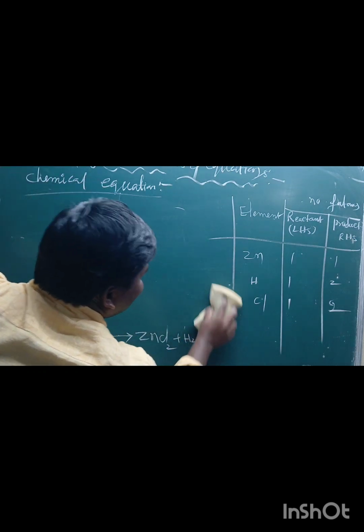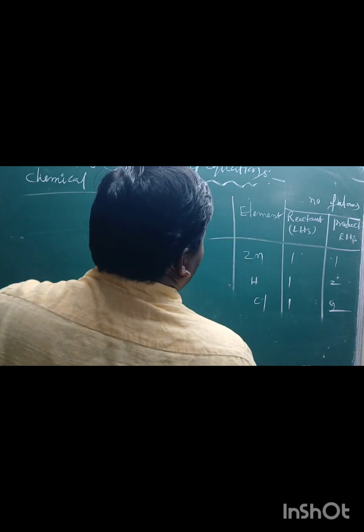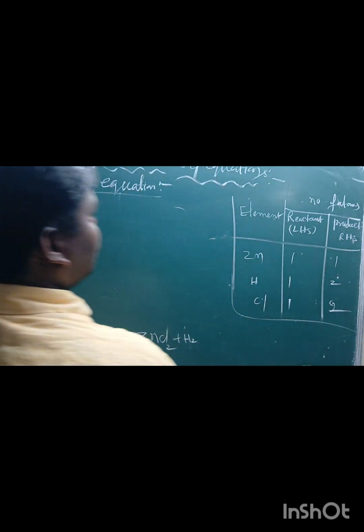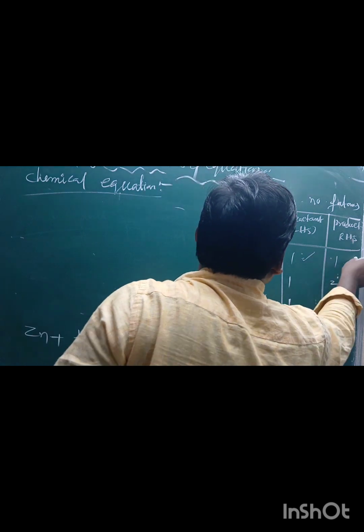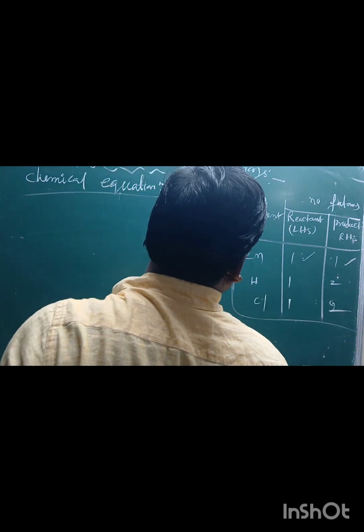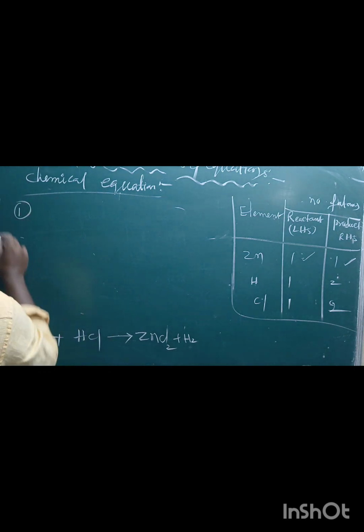How to balance the chemical equation? Of these 3 elements, which is a metal? Zinc, and it is already balanced. Hydrogen and chlorine are not balanced. We can balance the hydrogen atom first, step 1.